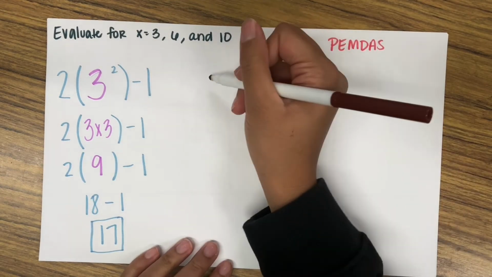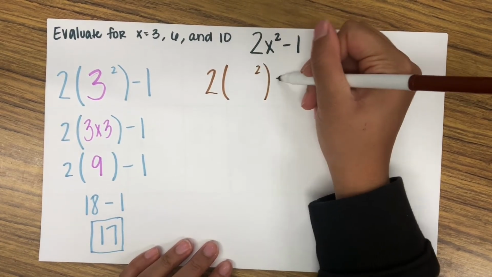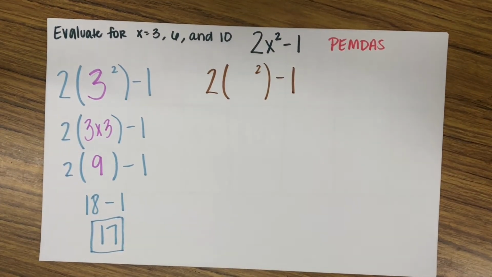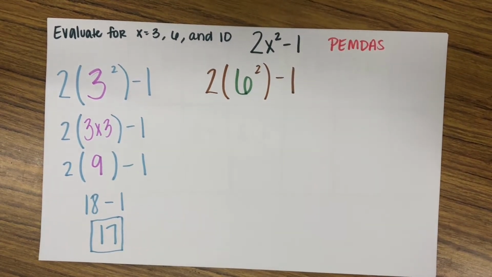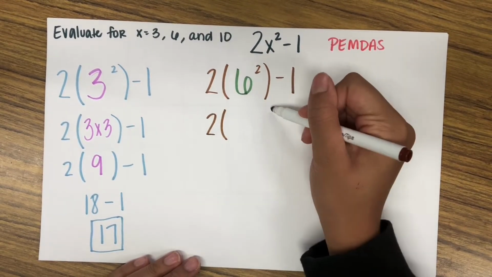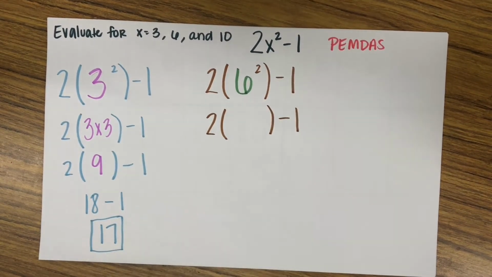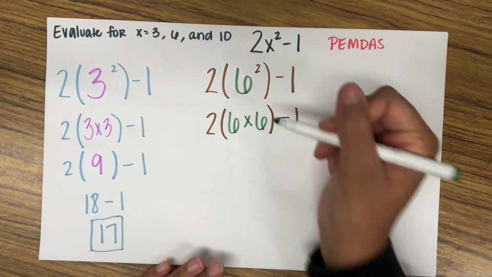I'm going to resolve this problem, so I'm going to reset it up. This time I will be doing this for x is equal to 6. Just as I did before, 6 squared is the same thing as 6 times 6.